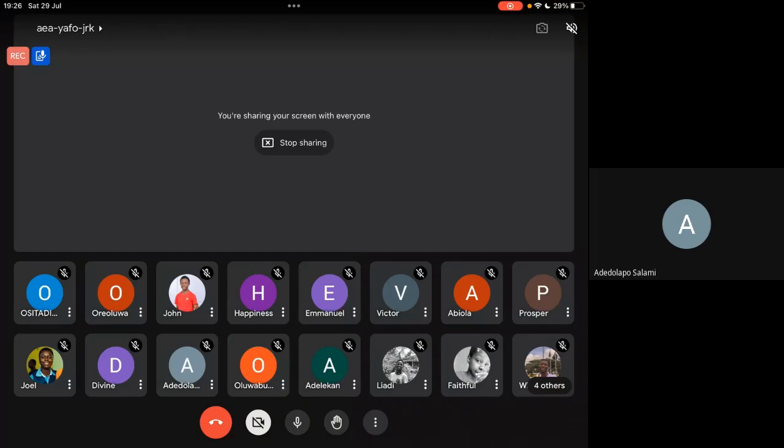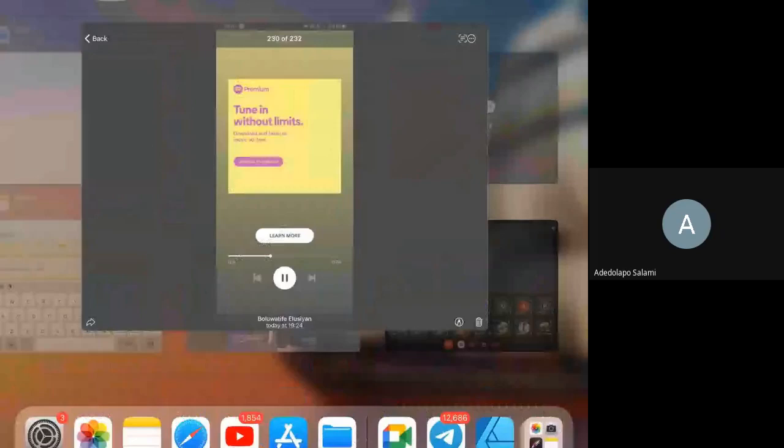Okay, well, let's continue. I've tried to get the other screen back up, but I'm still having problems with that. But since we can see my screen, let's progress.